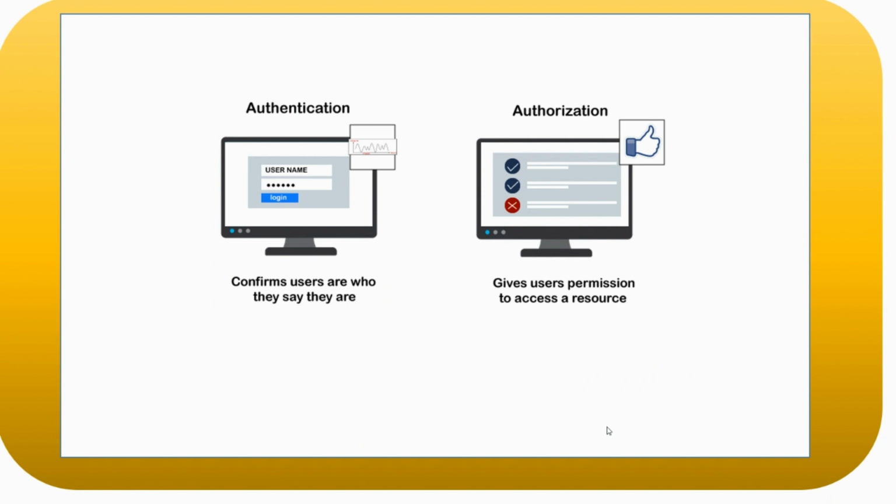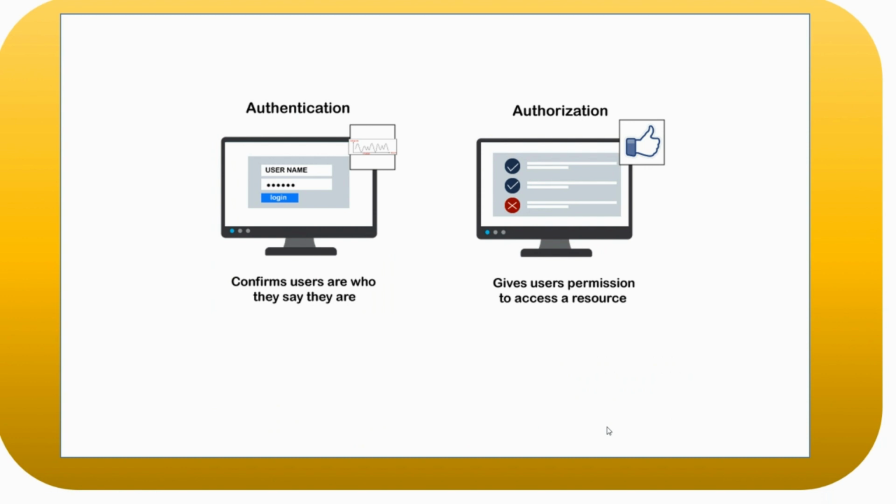Coming to authorization, it's simple. Once you are authenticated, everyone should not have all access, right? Your manager may have a different access, you have a different access, your TL has a different access, and the CEO of a company has a different access. If the CEO logs into an application, the CEO may see a different screen.